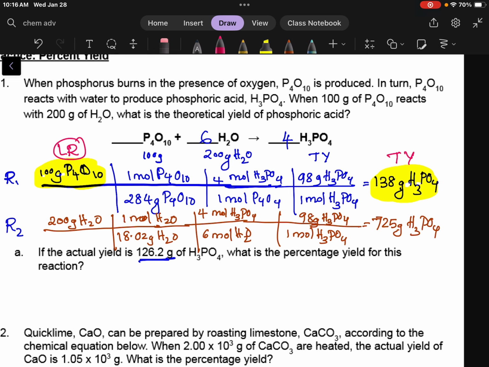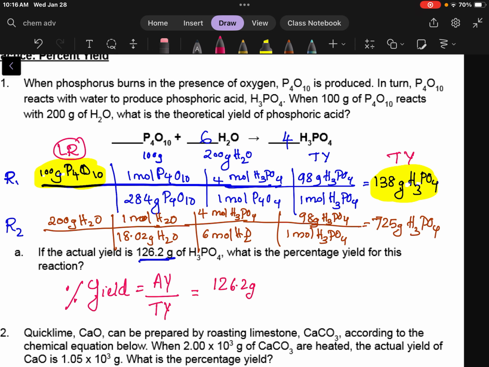Now you have the theoretical yield. Let's read the next question, which is: if the actual yield is this much, what is the percent yield? Let's calculate that. Percent yield is equal to what? We'll write actual yield, which is given in the question, over theoretical yield, which we got from the T chart.